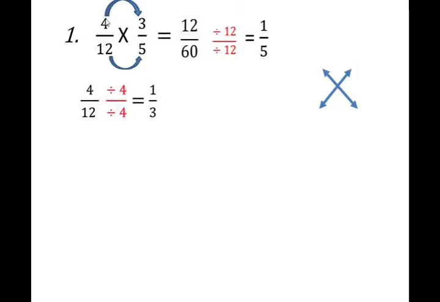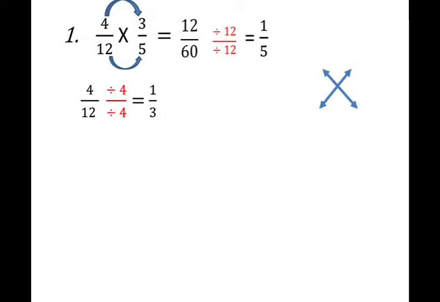Now, if I look at 4/12, instead of multiplying first, there is a common multiple that can go into 4 and 12. 4 can be divided by 4, 12 can also be divided by 4, and 4/12 can be written as 1/3 in its simplest form.